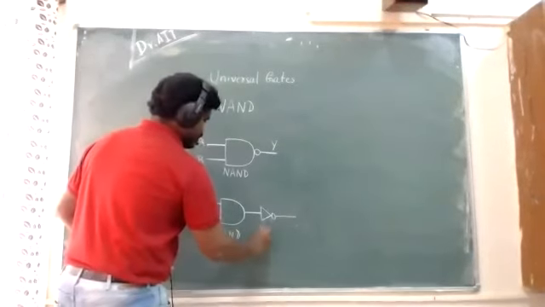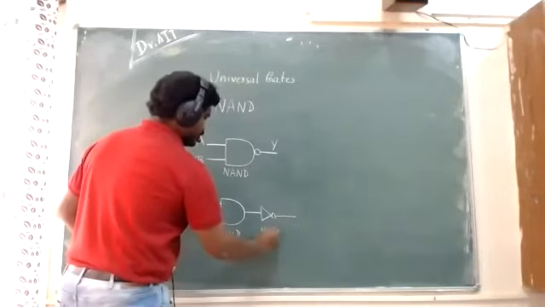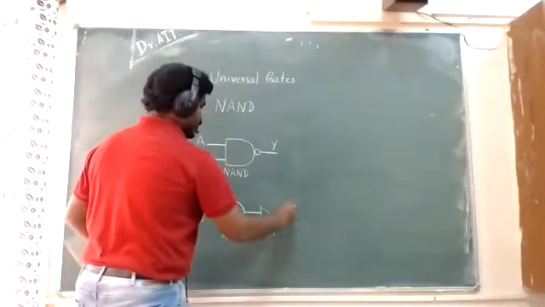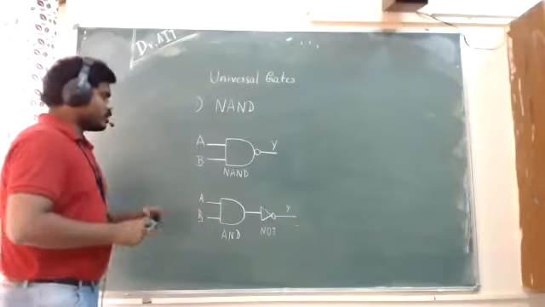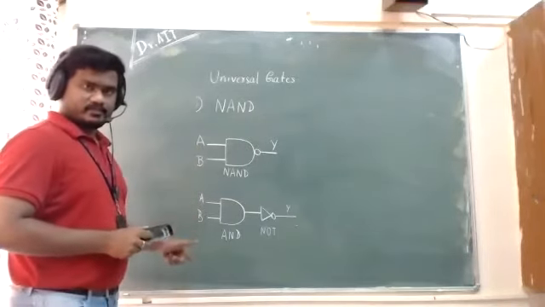So this is the inverter, or it is a NOT gate. And here you will get the output Y. Now if you compare these two gates, of course both are same.